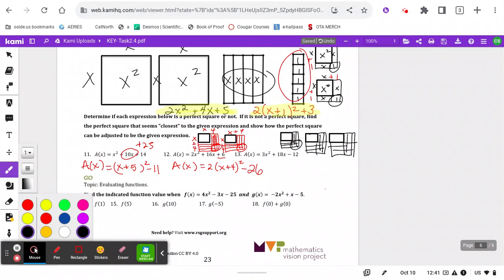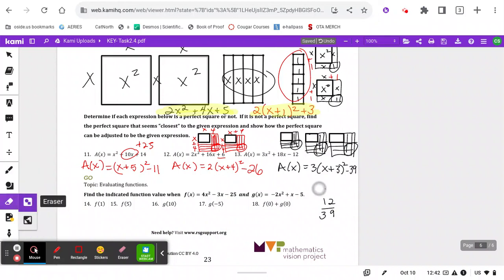But that's going to be 9 plus 9 plus 9. Nine times 3 is 27, and I want negative 12. So that's going to have to be minus 39 to get us all the way down to negative 12.